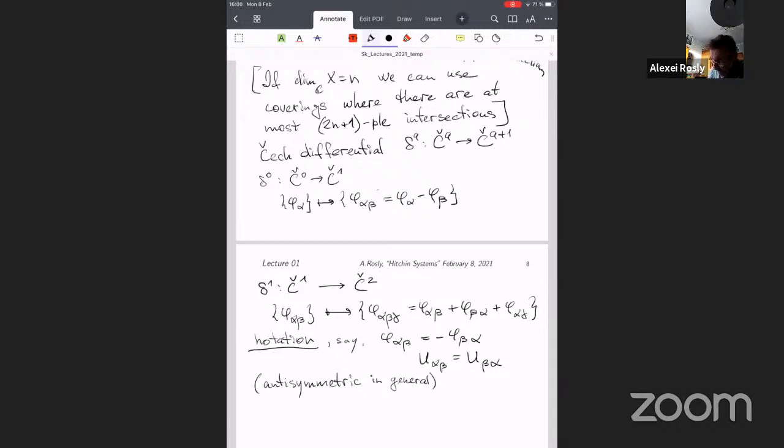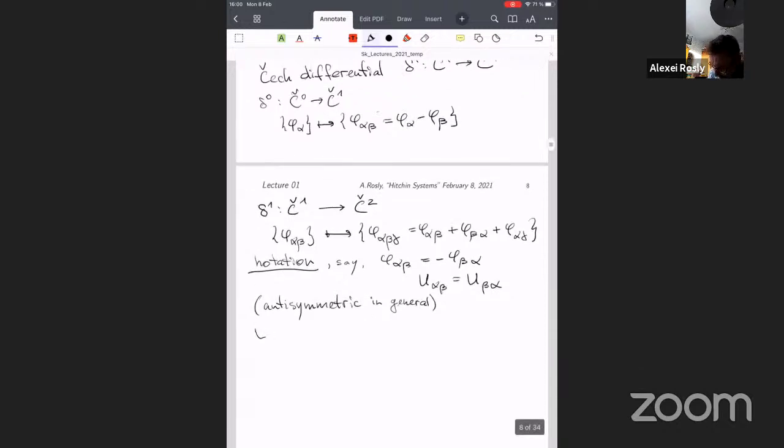Okay. Now, exercise. Find the shape of delta^q, for example, in textbooks, and check that it is a differential in a complex.